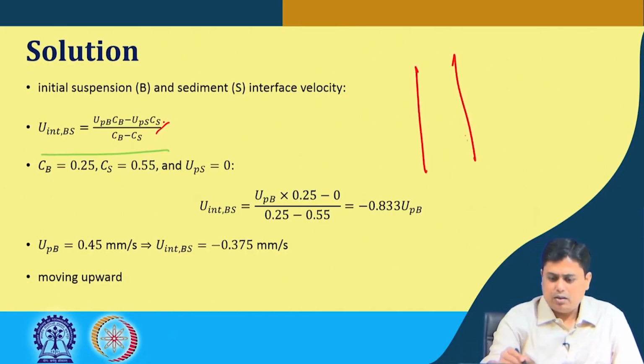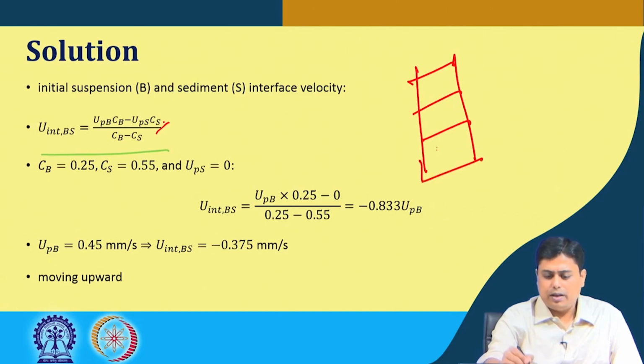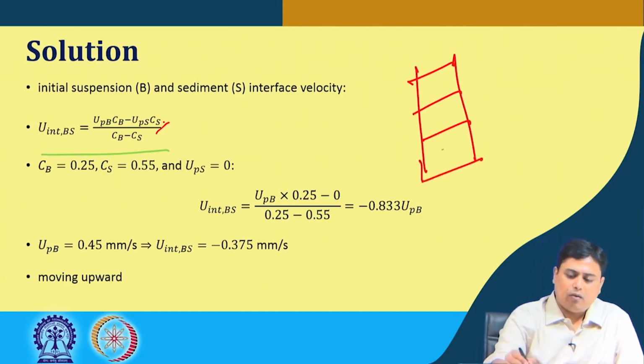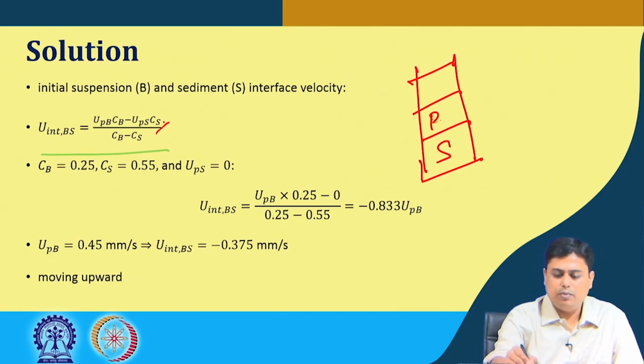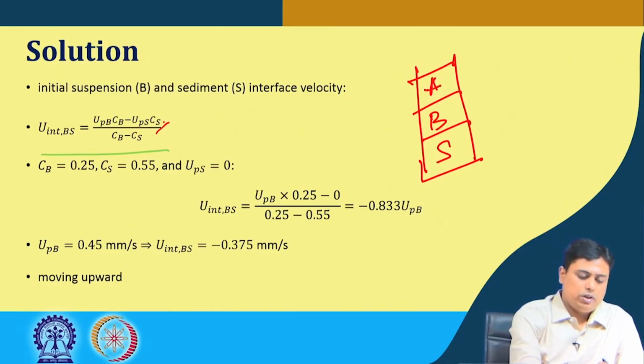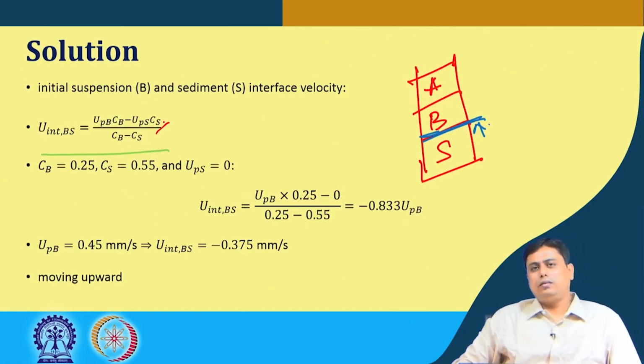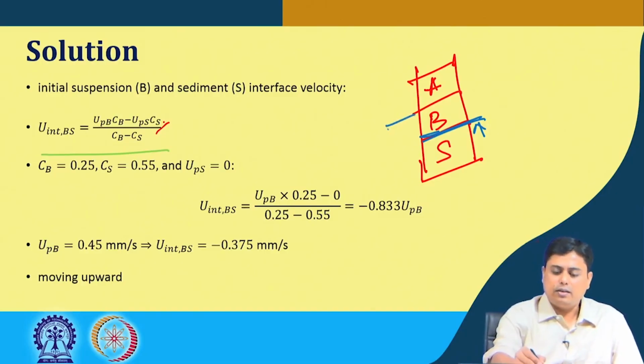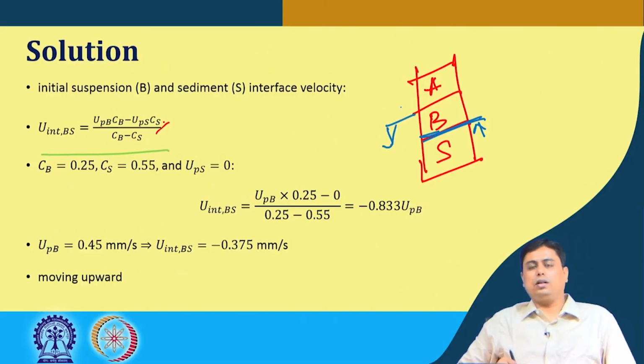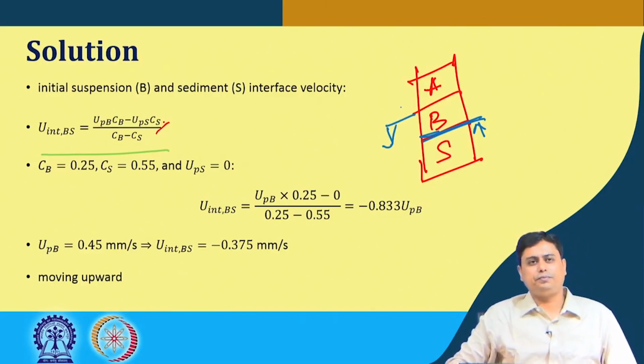So, again for the sake of your understanding, this is what we had: our S zone, this is the B zone and this is A. The question was the interface here, the rate at which it is rising, because this one is decreasing, this is coming downward.